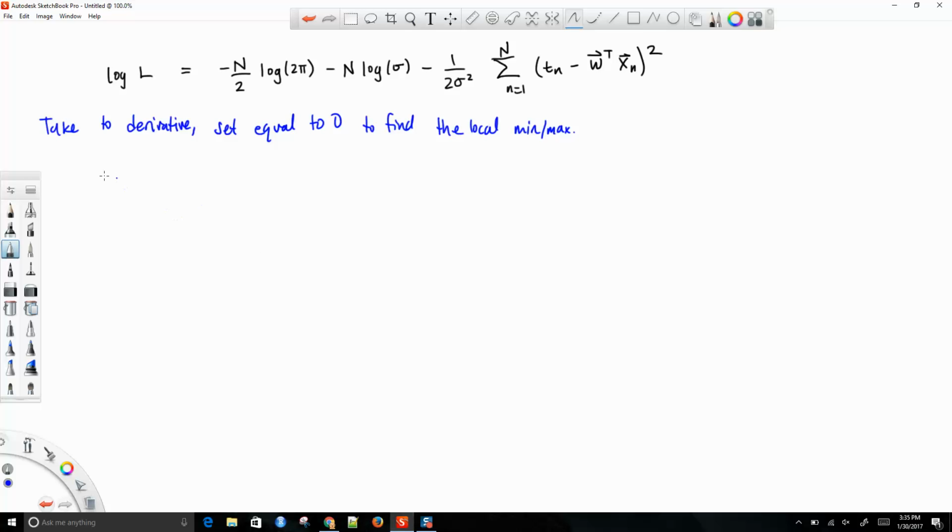All right, so the derivative of this with respect to w, well, this thing is 0. This thing is also 0, and now I just have this to deal with. So I got 2 sigma squared, and taking this down, this is a square, so I've got a 2 here, and then we apply the chain rule.